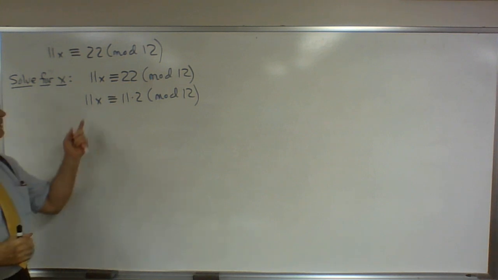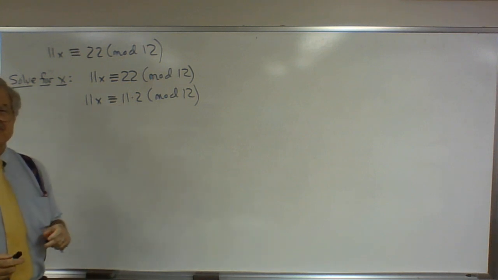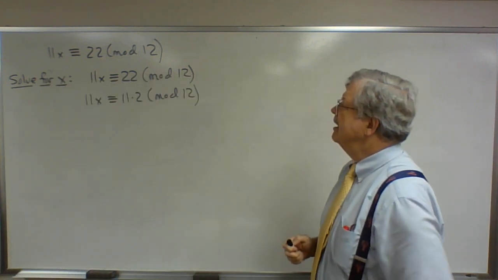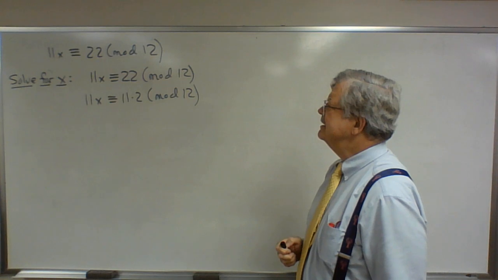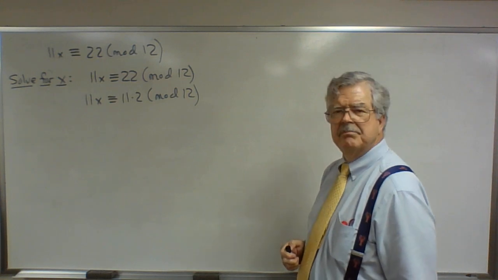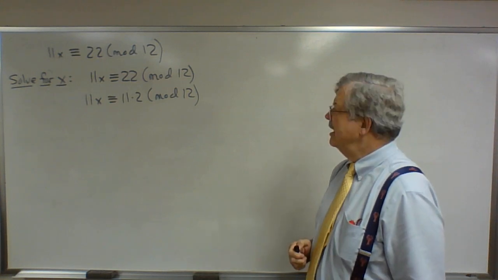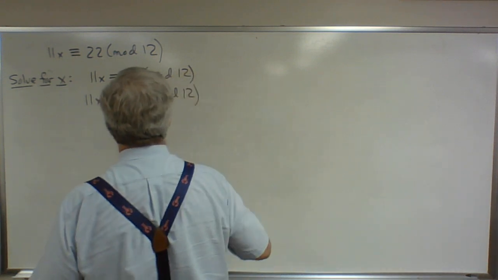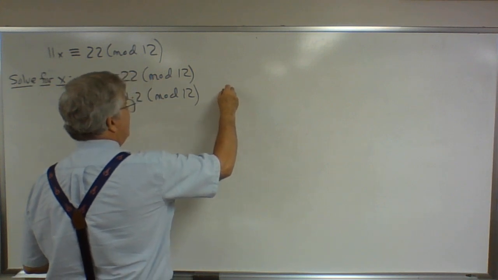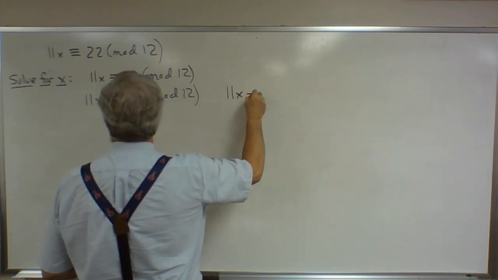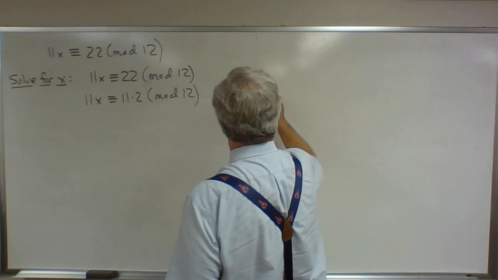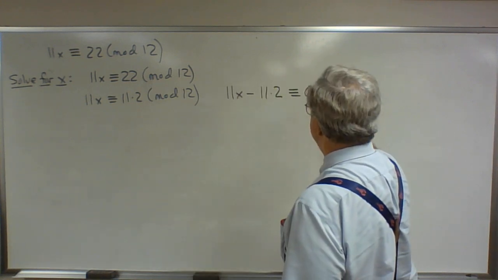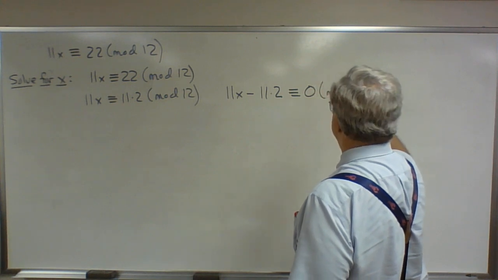And we're wondering, can we divide both sides by 11? It seems like we should. This would be the same thing as 11x minus 11 times 2 congruent to 0 mod 12.